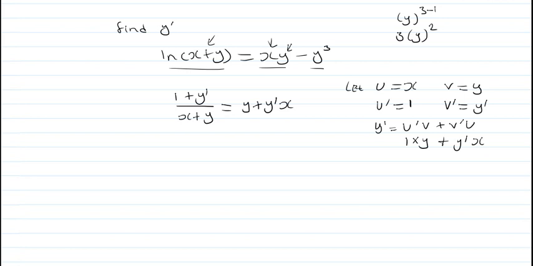Since this is the chain rule, y is some other function, so we are supposed to differentiate the inside also. So you multiply by the inside differentiation, which gives y prime. After that, we put it in our equation, meaning it's going to be minus 3y squared y prime.